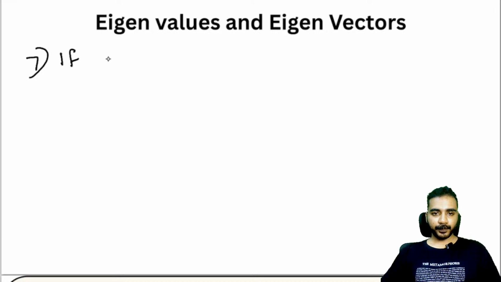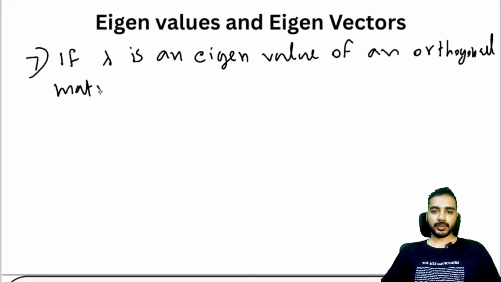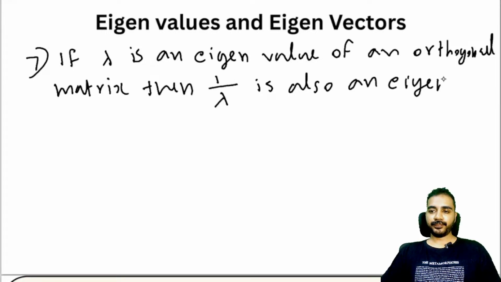Seventh property. If lambda is an eigenvalue of an orthogonal matrix, then 1 by lambda is also an eigenvalue. Okay.